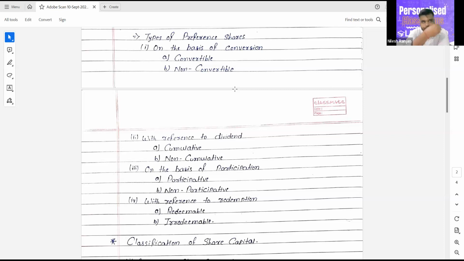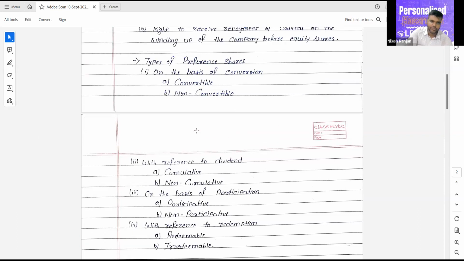So it is like we have purchased shares in the past, and we give them back to the company and receive money from the company. Then it is called redeemable. Otherwise, we sell the shares in the market to other persons. So it is not redeemable, or irredeemable. So these are the classifications of preference share.